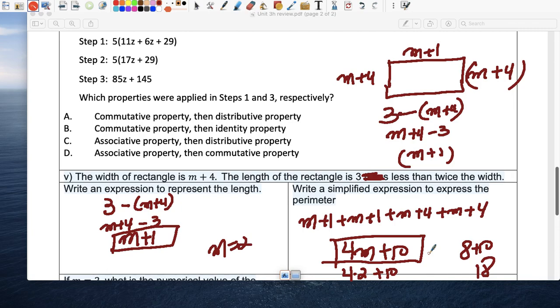And in terms of bonus, it's going to be a number. I'm going to write it right here.